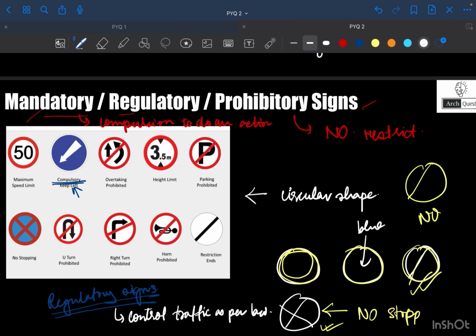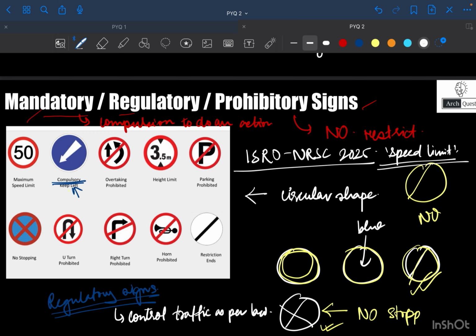So yeah, initially when I told you that ISRO NRSC 2025 में there was this question of what kind of signage is speed limit.